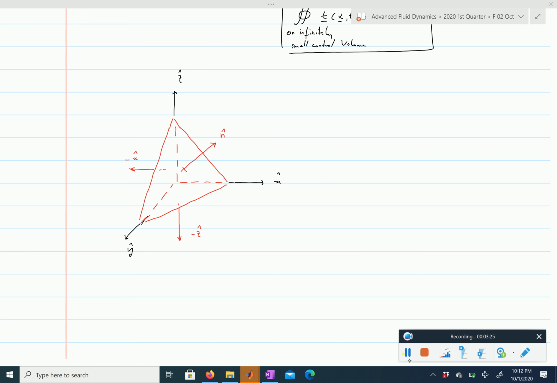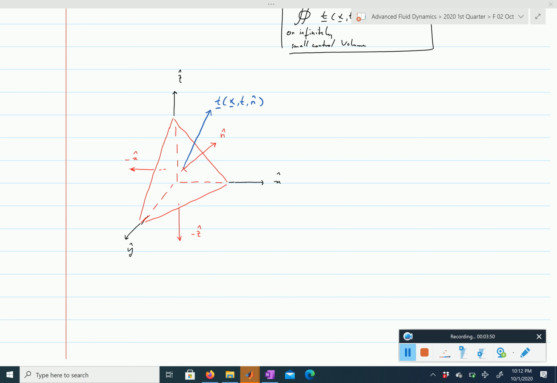On this face here of surface normal n, I may have the following stress vector imposed. This represents again the forces exerted by the continuum which is on this side of the surface onto the continuum which is inside of my control volume on the other side of the surface.